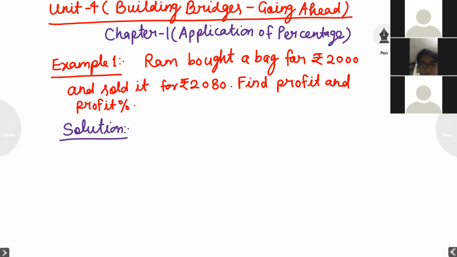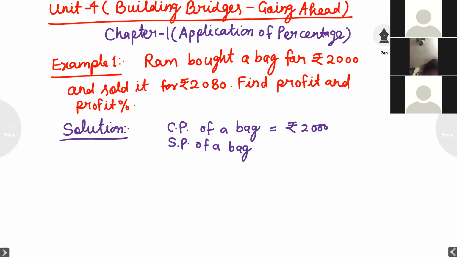In this question, students, you are observing Ram bought a bag for 2000 rupees. It means the CP of a bag is equal to 2000 rupees. CP means cost price. Next, SP of a bag is equal to 2080 rupees.